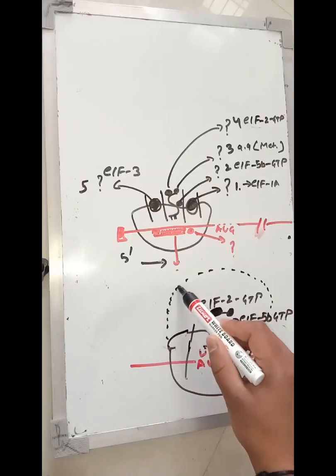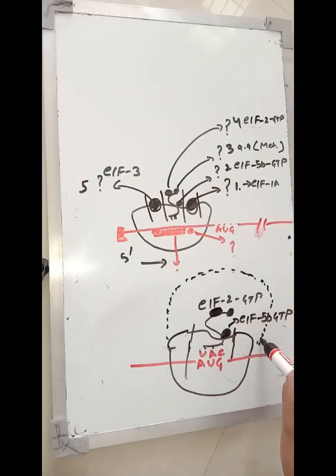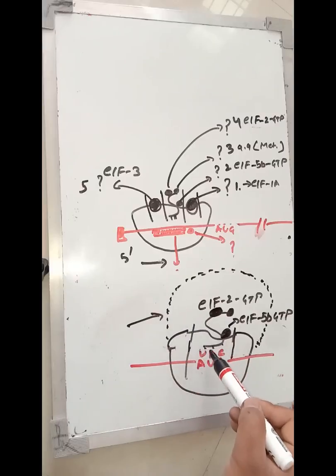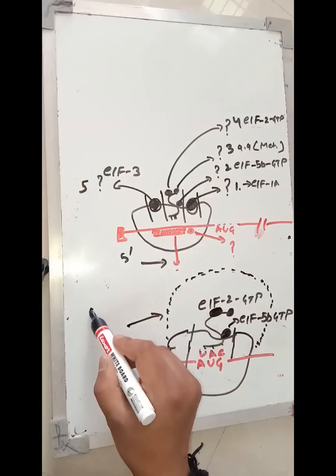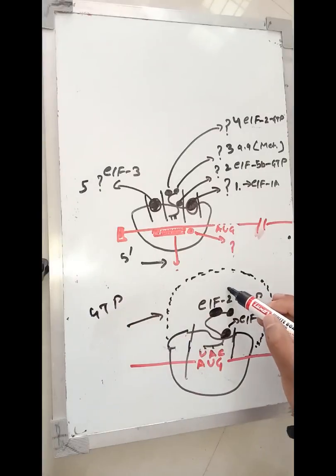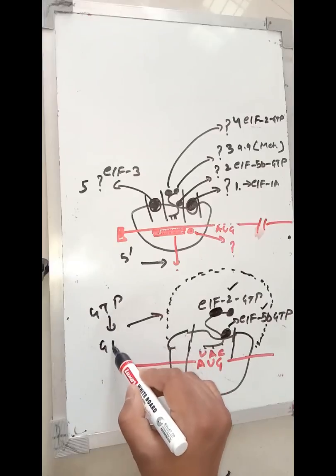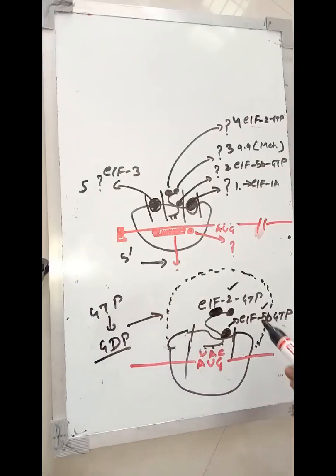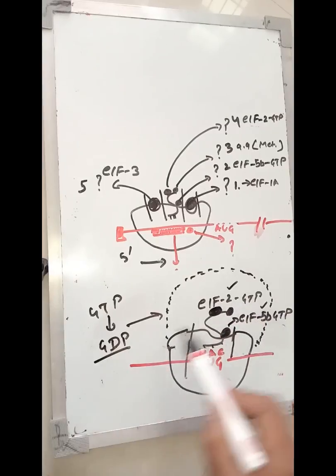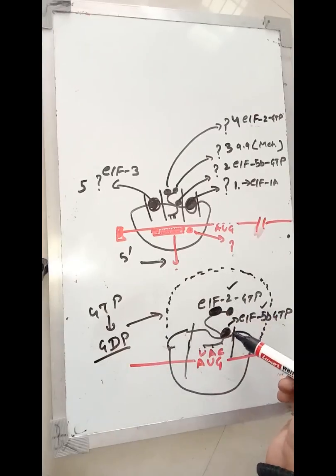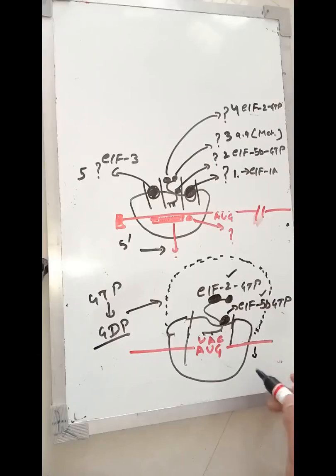Suppose it's a large subunit of the ribosome that will join here. As the large subunit joins with the small subunit, the GTP of EIF2 and EIF5B is hydrolyzed to GDP, and once it is hydrolyzed, the factors lose their affinity for the small subunit, and they also get released in the form of EIF2 GDP and EIF5B GDP.